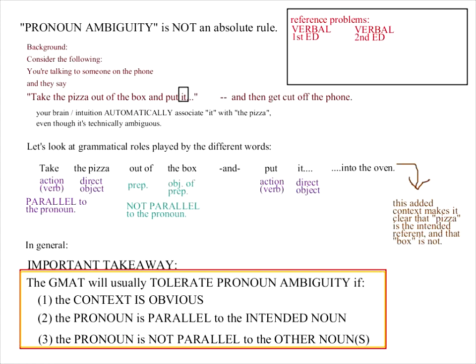It's number 68 in the second edition, and it's number 71 in the first edition. This problem is pronoun ambiguity that does not work.